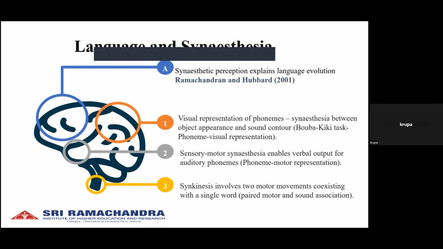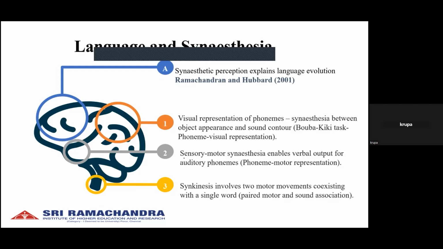The second claim is about sensory motor synesthesia, wherein for every verbal output there are auditory representations, and for every auditory representation of phonemes there are motor representations in the brain. Like when we dance to a tune, similarly, when we make a sound, we make it with a movement. That is how proto language would have evolved.